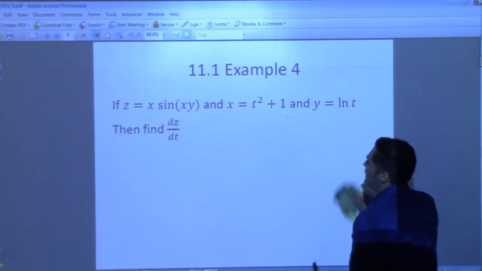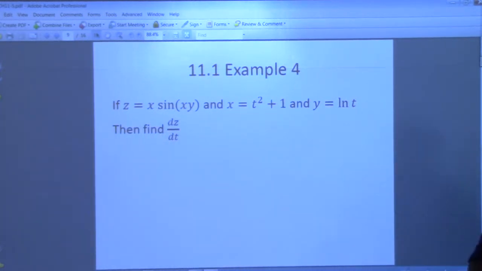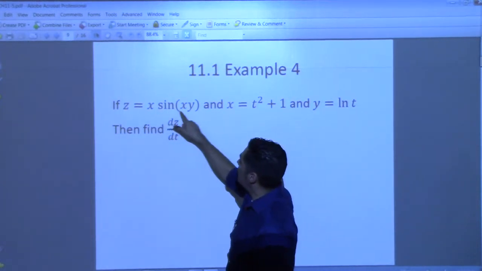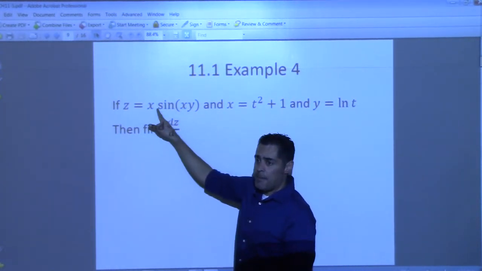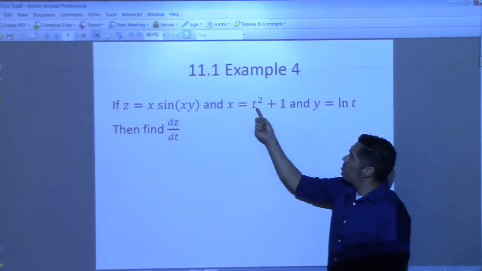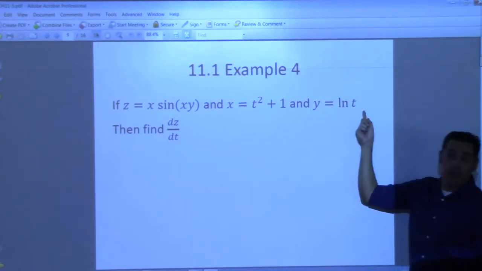Okay, so let's see if we can get our heads around what's going on here. And I'm going to start at this point drawing these things we call tree diagrams. All right, so ultimately z depends on x and y, right? We just did this a second ago. But now I'm adding to this that x is also a function of t, and y is also a function of t.